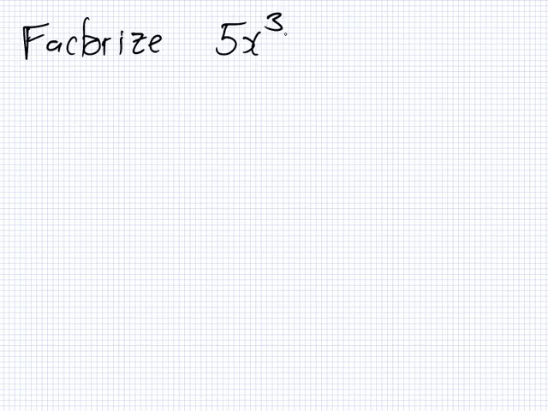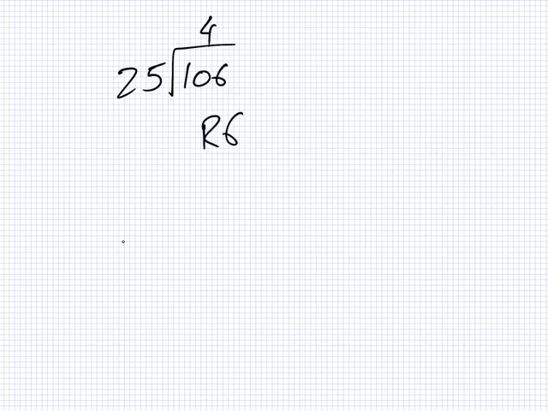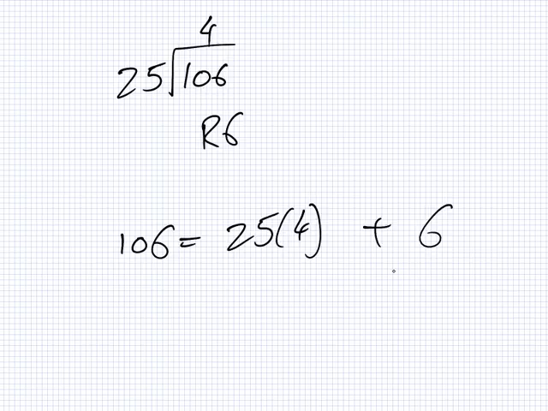5x cubed. Yes? In case there was a remainder, how would we write that? Yeah, that's something we'll look at in semester 2, but I'll give you an example with some numbers. So like if you had 25 into 106, that goes 4 times with remainder 6. So you could say 106 equals 25 times 4 plus the remainder.